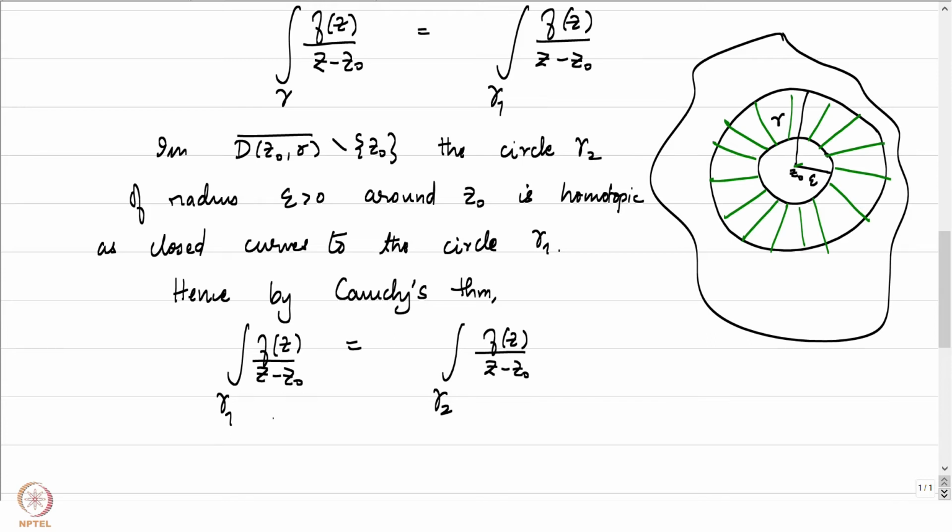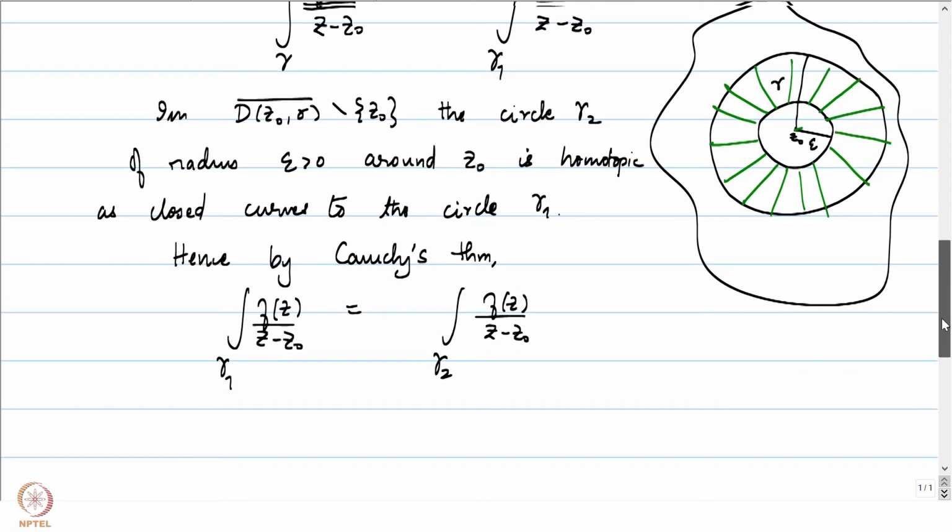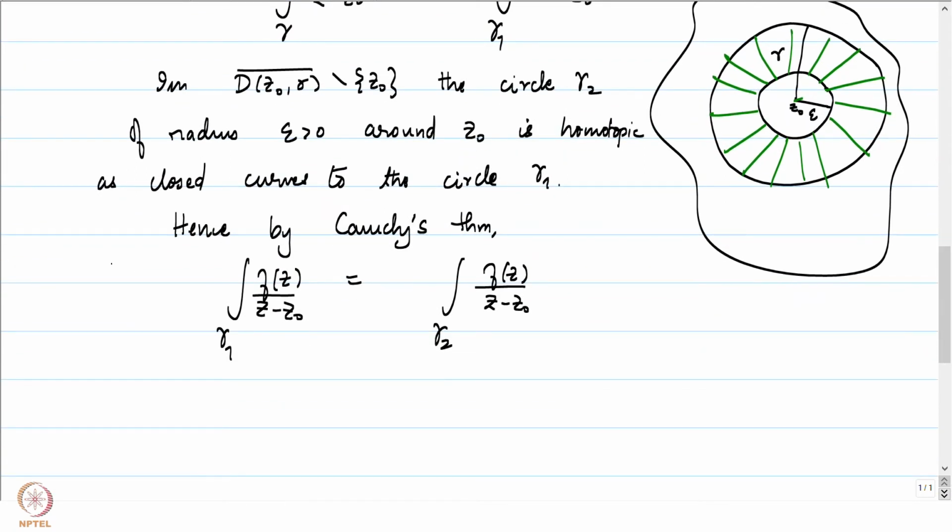So one could conclude by applying Cauchy's theorem on omega minus z naught that the integral over gamma 1 is the same as the integral over gamma 2. So we have this by either of the domains that we would have at our disposal. Anyway, we can conclude that the integral of f of z by z minus z naught over gamma is the same.